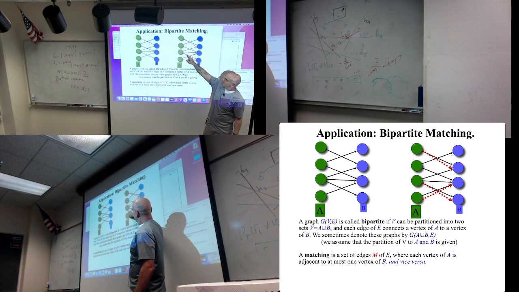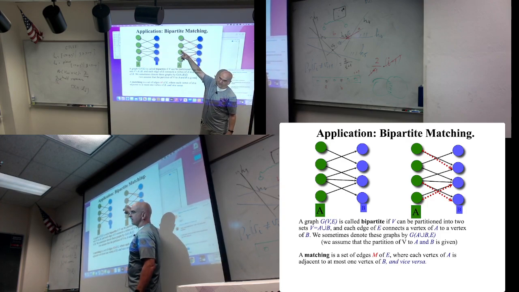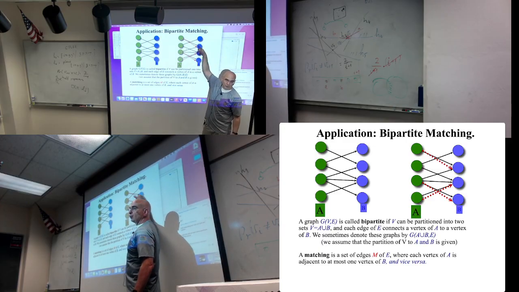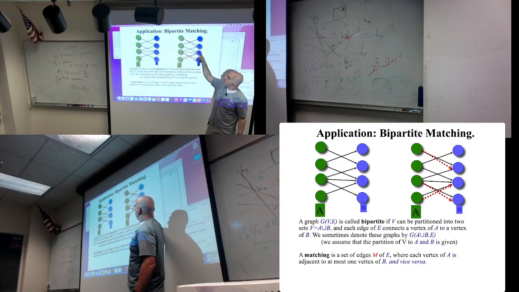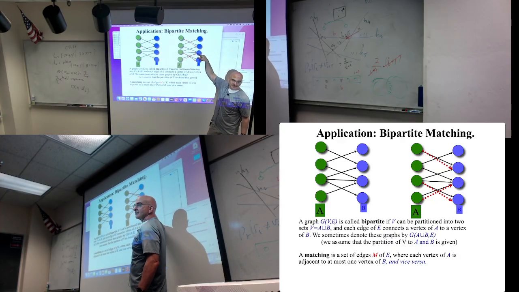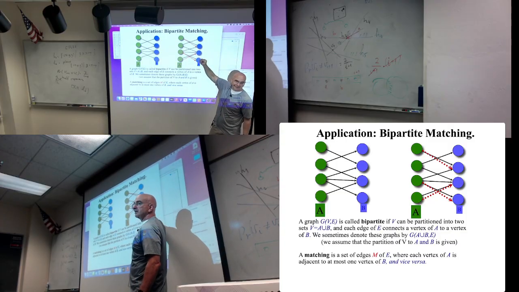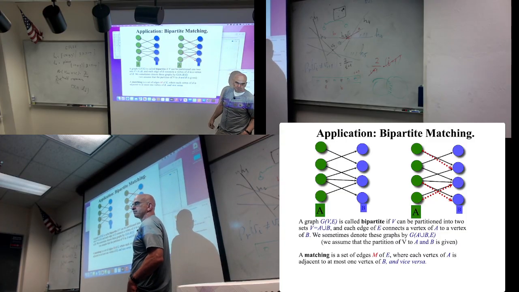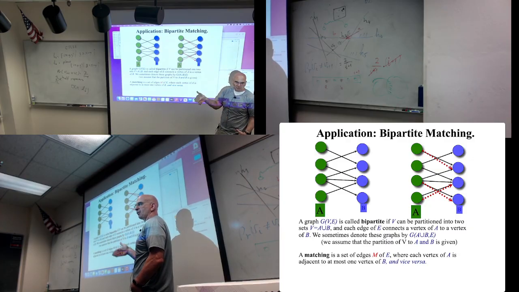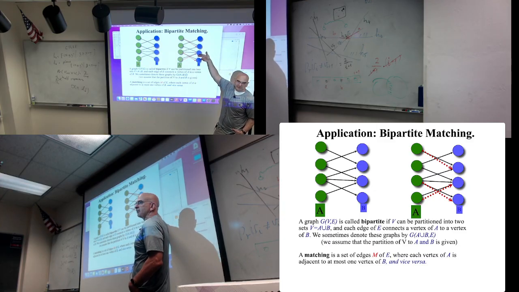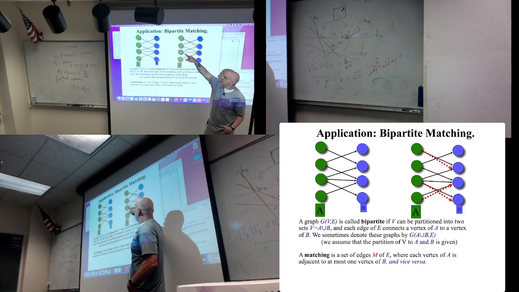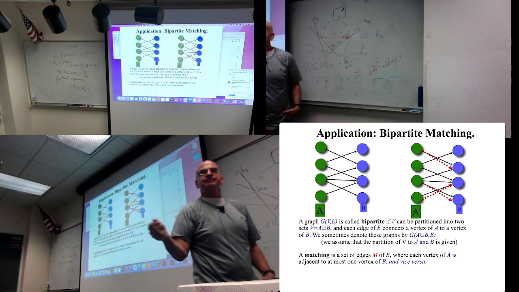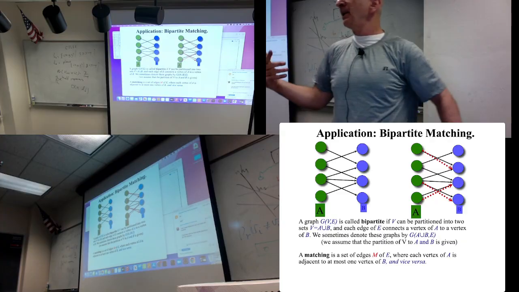And at the same time, one vertex of A is not on two edges of the matching, and the same goes for B. One vertex of B is not adjacent to two red matching edges. Like you want to assign one course to one instructor. You don't want the case of a course taught by two instructors or an instructor that teaches two courses. That would be an example of one-to-one matching.